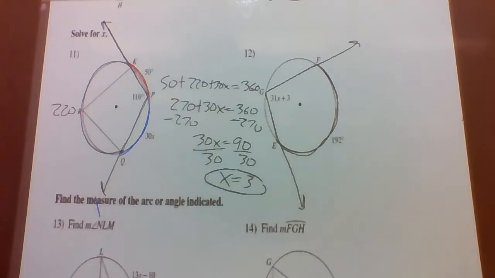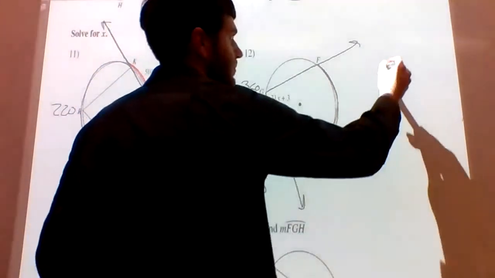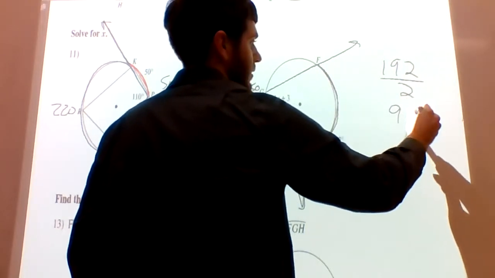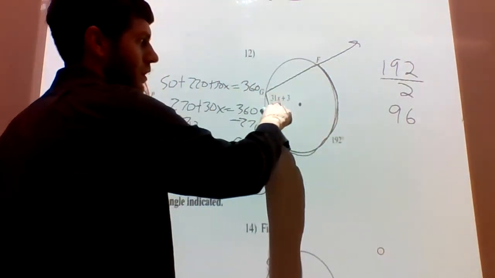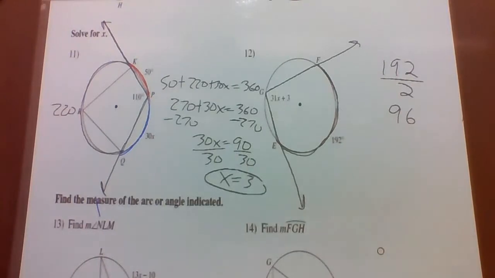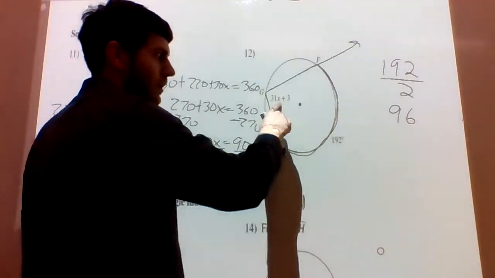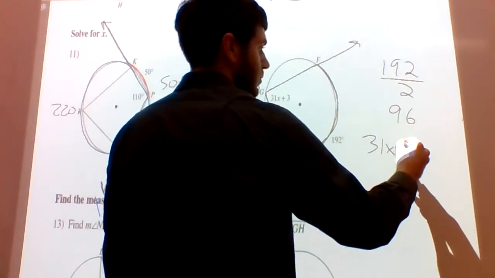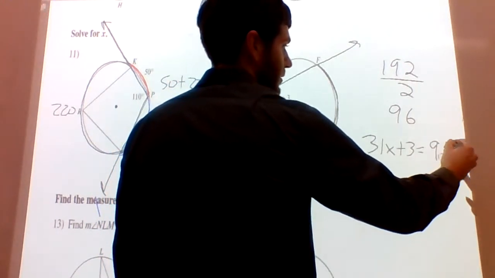The measure of the intercepted arc is twice the measure of the inscribed angle. So if we take 192 divided by 2, that's going to be 96. So we know the measure of the inscribed angle is 96. We also know it's equal to 31x plus 3.